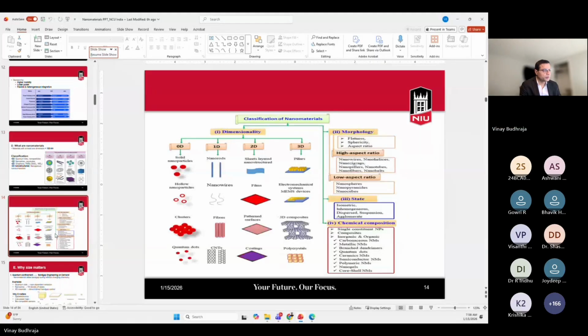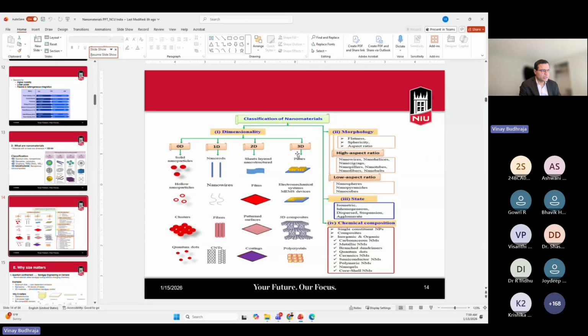This graph shows the classification of the nanomaterials. The quantum dots are nanoparticles which show optical effects that tune the band gap, and that is used in optical applications. 1 dimension covers nanorods and nanowires, 2 dimension covers sheets and films, and 3D are pillars, which are used for electromechanical systems in MEMS devices.